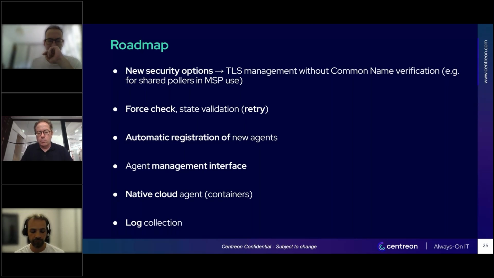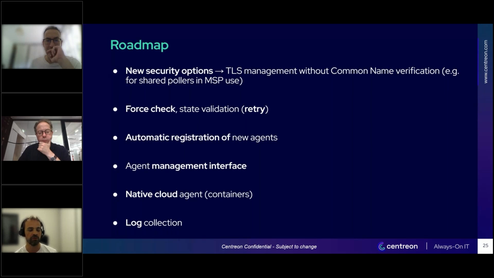Because for now, when you use full TLS, a verification is done on the common name of the certificate, which would need to match with the Poller DNS used by the agent, or the agent DNS, the host DNS used by the Poller, depending on the connection direction. So that's the most secure way to do it, but it can be a problem in some cases.